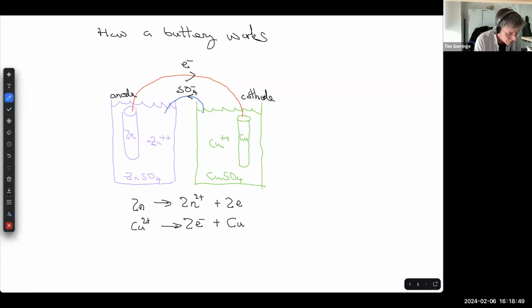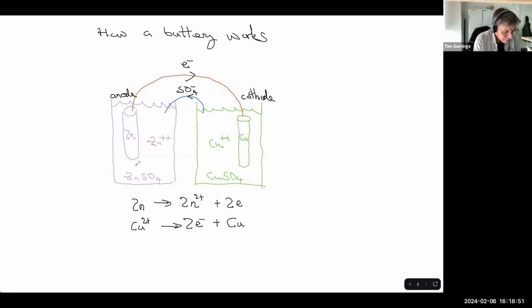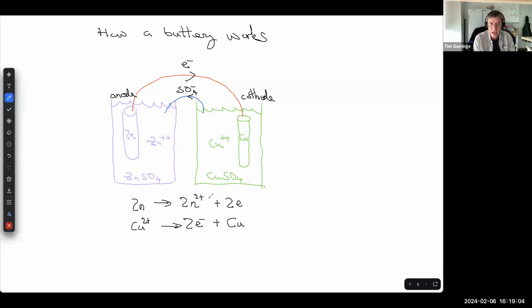So the first reaction is involving a zinc atom that's on the left-hand side. This is a neutral zinc atom. And from the zinc atom are liberated 2 electrons. And if we liberate 2 electrons from the zinc atom, that's going to leave a positively charged zinc ion.